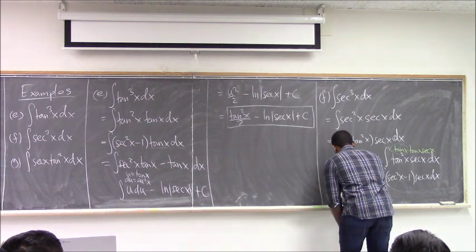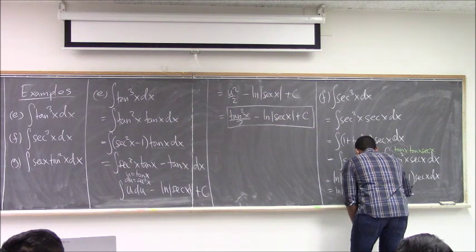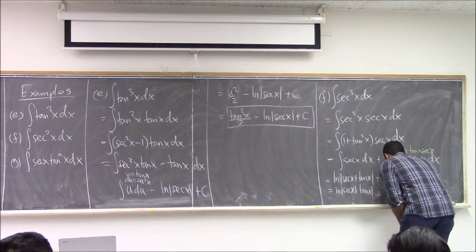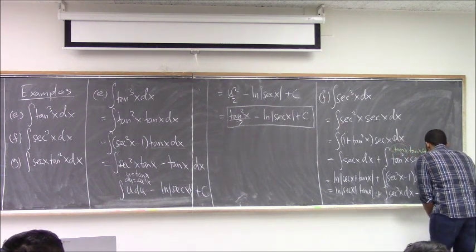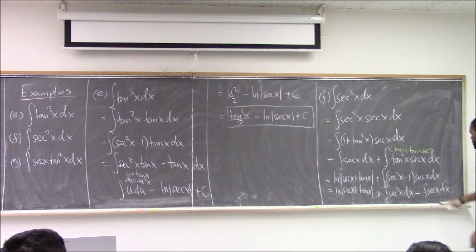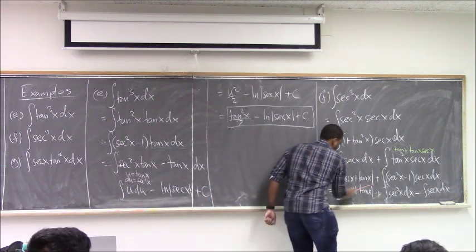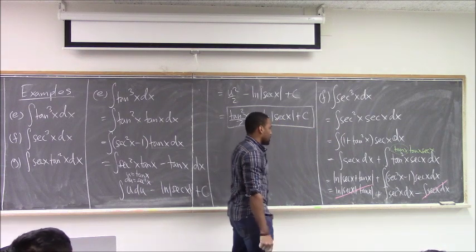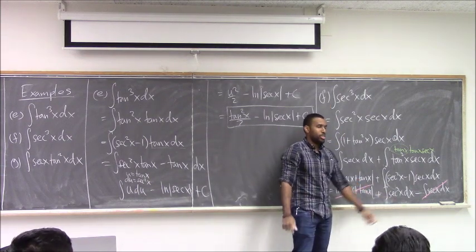So this is going to be the ln of secant x plus tangent x plus, I guess we can distribute, the integral of secant cubed minus the integral of secant x dx, which is actually the same thing here. So that guy cancels out. And we arrive at the conclusion that the integral of secant cubed is the integral of secant cubed.